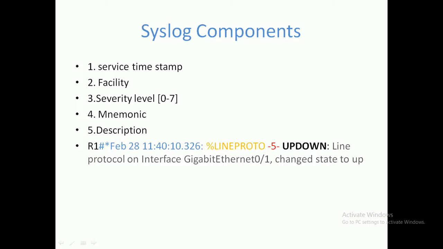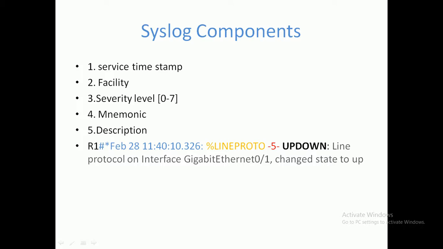For example, if you look at this slide, the first one indicates the timestamp. The second one is the facility, which talks about a change in the line protocol of the interface. The next number indicates the severity level, which is 5.